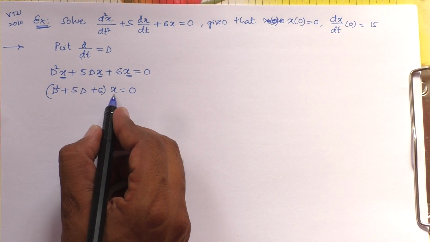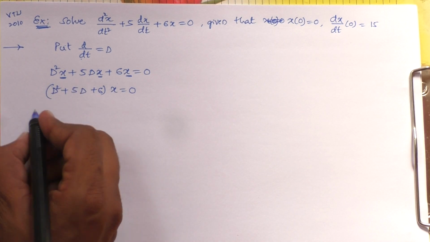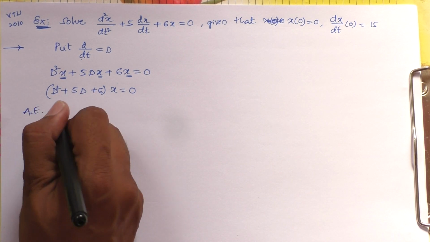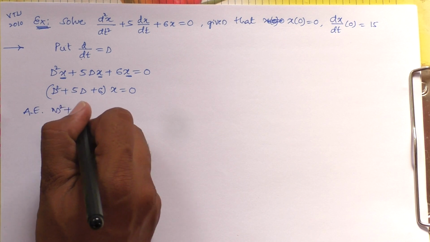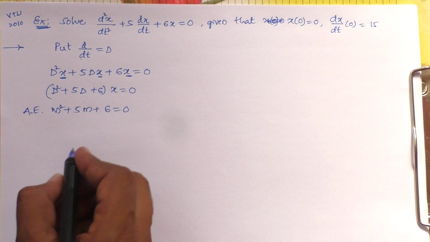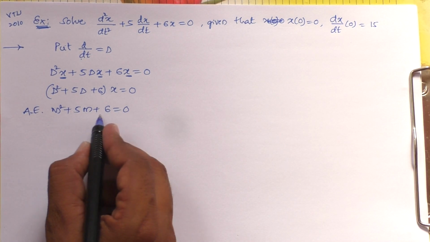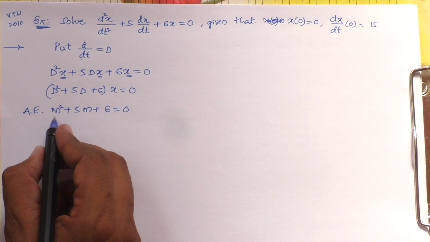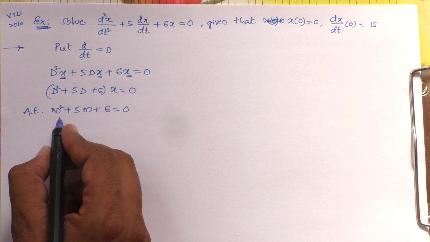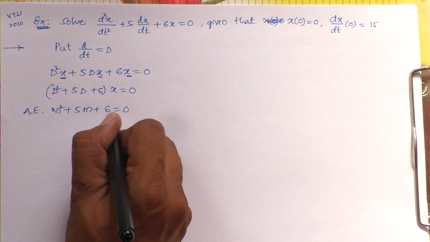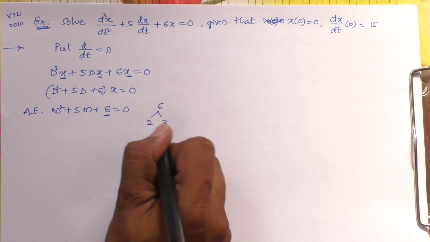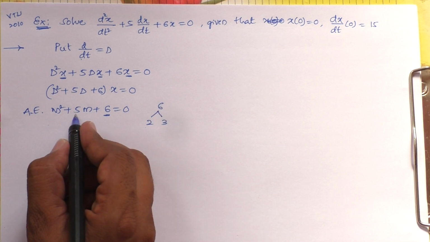Here the dependent variable x is non-zero, so this part is 0. If you replace D by m, we get the auxiliary equation m² + 5m + 6 = 0. Here we need to find the roots of this auxiliary equation. For this quadratic equation, we think of factorizing. 6 can be written as 2 into 3, and 2 plus 3 is 5, the middle term.